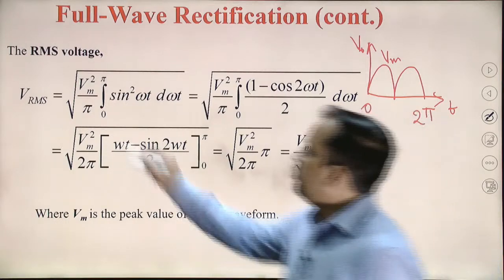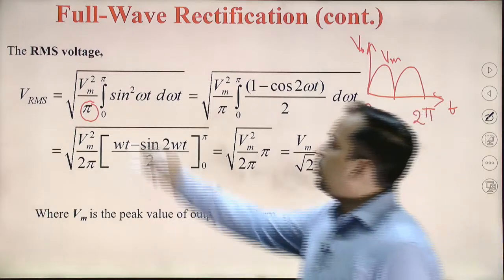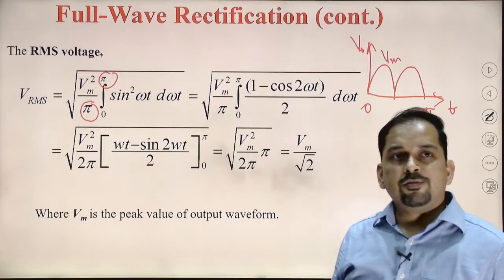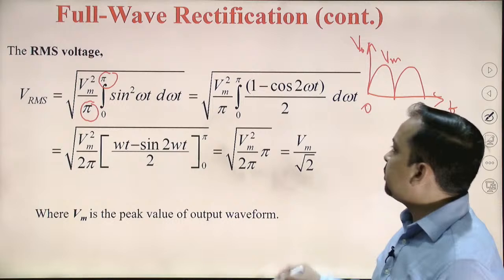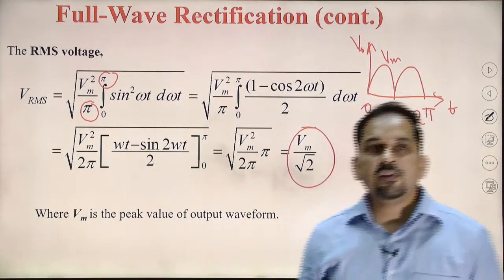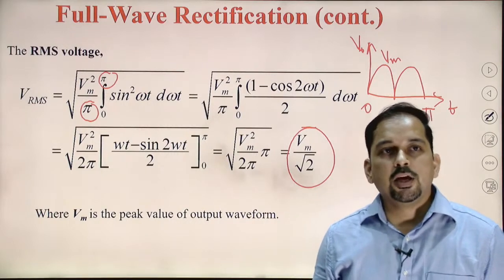That's why we have pi over here, and we are also integrating over the limit 0 to pi. If we solve this, we get the RMS voltage of the full wave rectifier, which is Vm by root 2. As we have previously studied, the RMS for the half wave rectifier is Vm by 2.